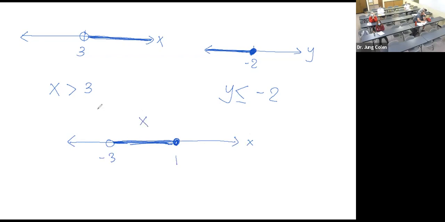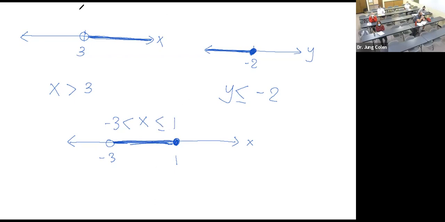X is greater than negative 3, but less than or equal to 1. There we go. Did you hear what Kristen is saying? X should be greater than negative 3. But it's also less than or equal to 1, because it's closed. Right? We're talking about this way.